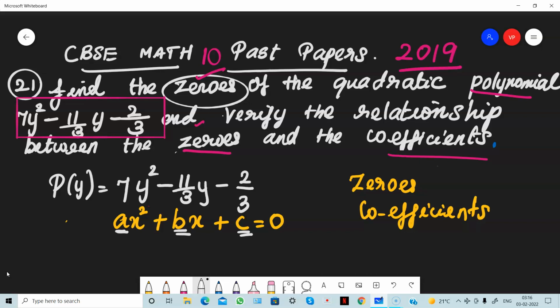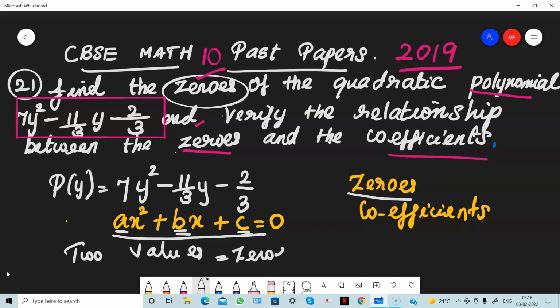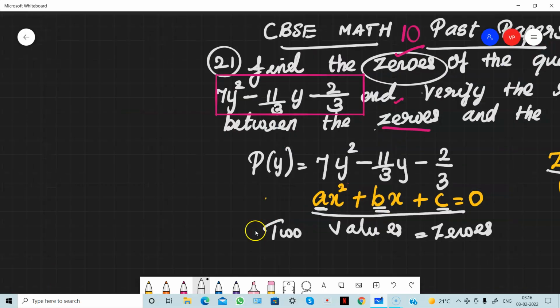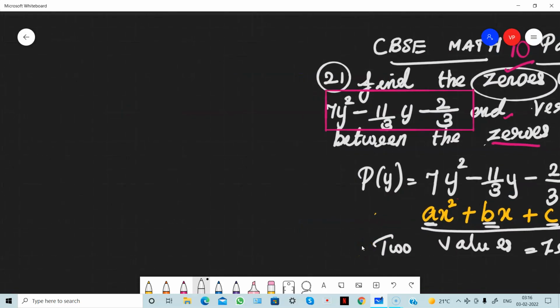So we have 3 coefficients. And what do you mean by zeros? When you solve this equation, you find 2 values. These values are called zeros. Both are different, so you should not confuse them. So we have 2 questions. The first question is to find the zeros and the second question is to verify the relationship.